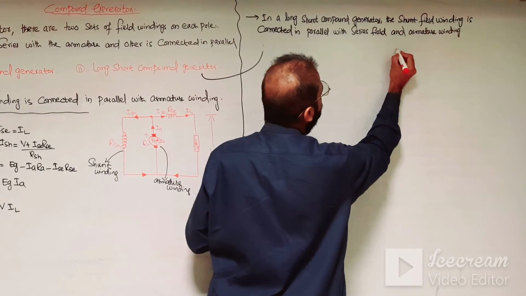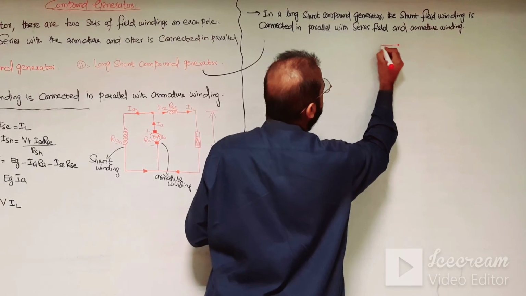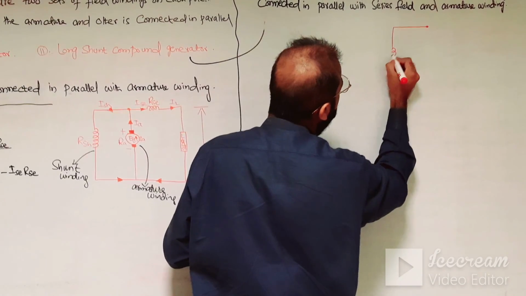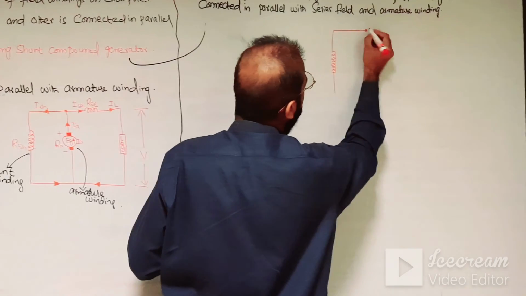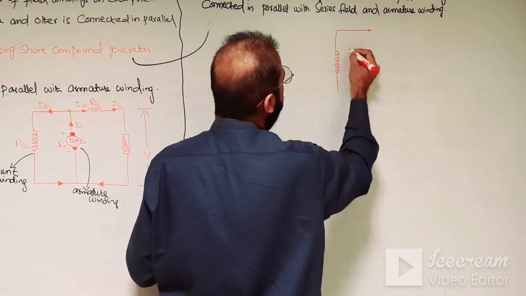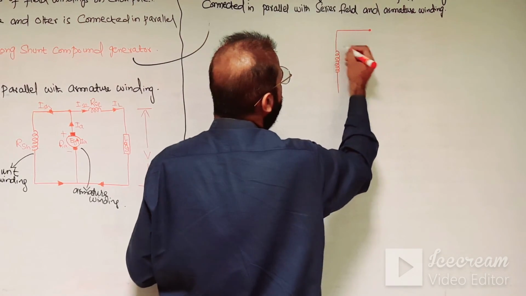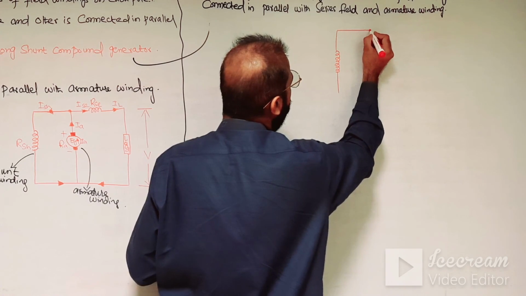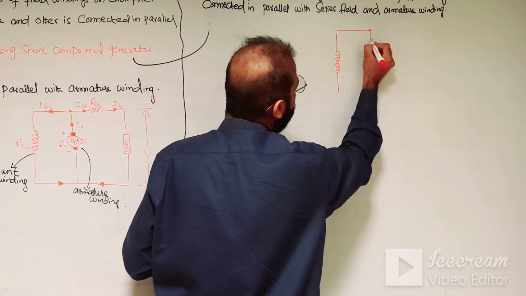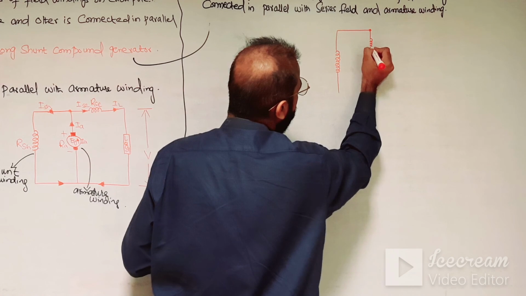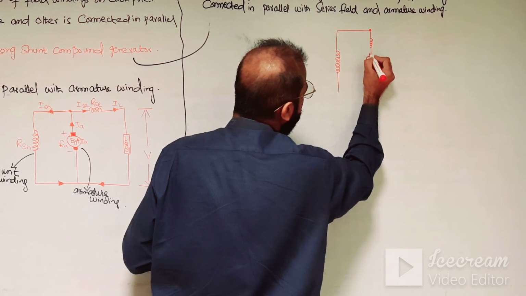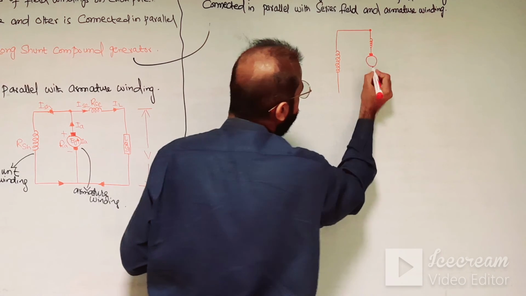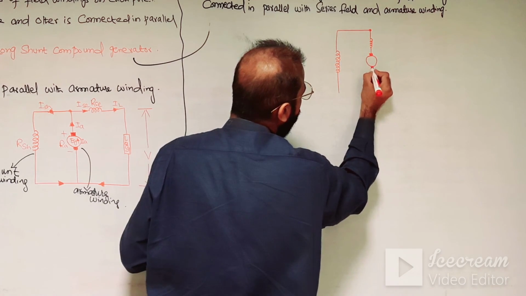So this is the shunt field winding having the higher number of turns of wire to produce the necessary amount of MMF, having the high resistance. And here this is the series field which is connected in series with the armature of the long shunt compound wound generator.